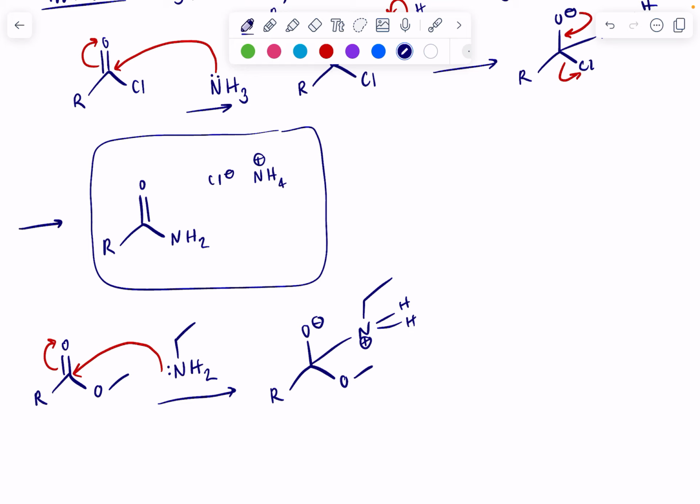Okay. So again, we need to remove some protons from that nitrogen in order to get a neutral nitrogen atom, and we need to get rid of this O group here, this ester group. Again, we're in sort of basic conditions, so we can assume there's some NH3 or NH2 with that on it still, and we can protonate that.